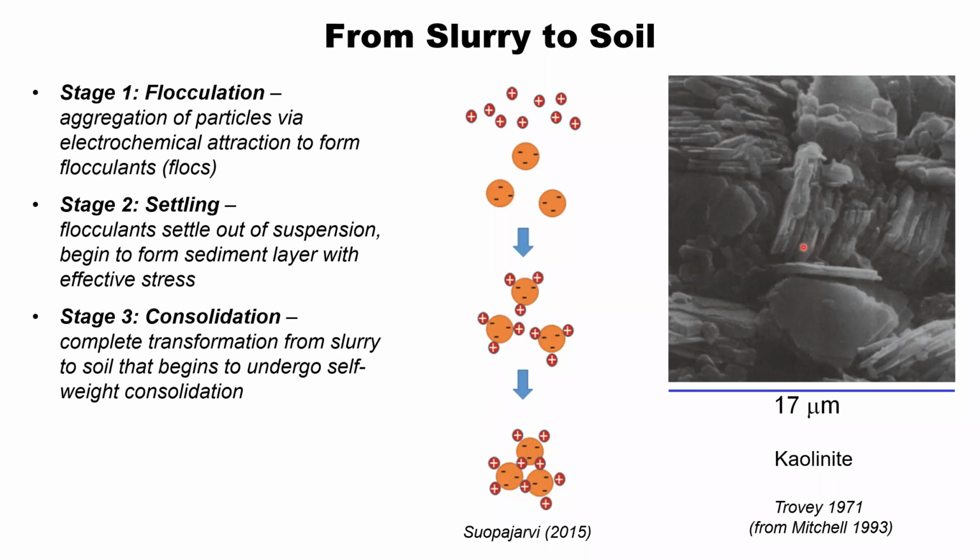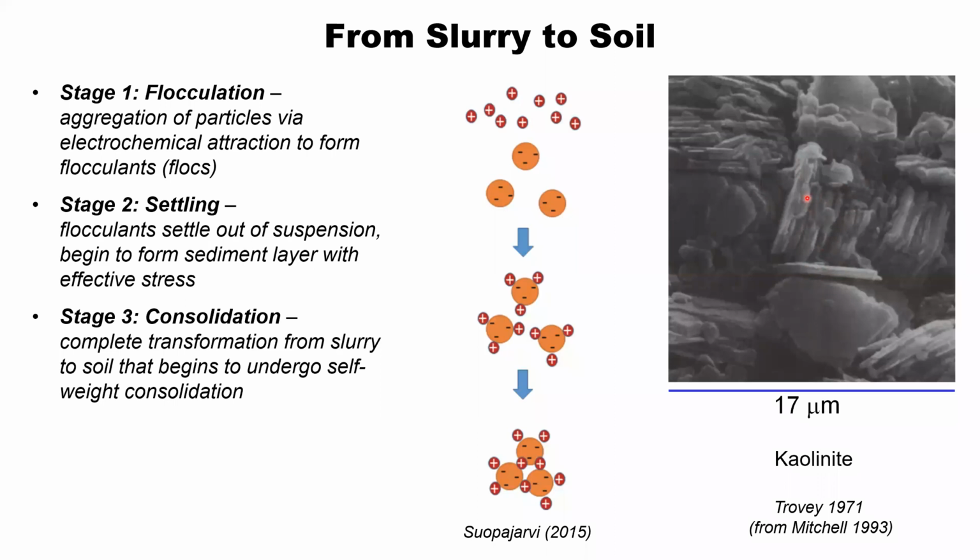And this is just an example of kaolinite minerals that have been flocculated. You see here the individual, this is actually two layers of kaolinite particles, but you can see how these have flocculated together due to the addition of positively charged ions in this pore fluid, creating these larger flocs of these minerals.